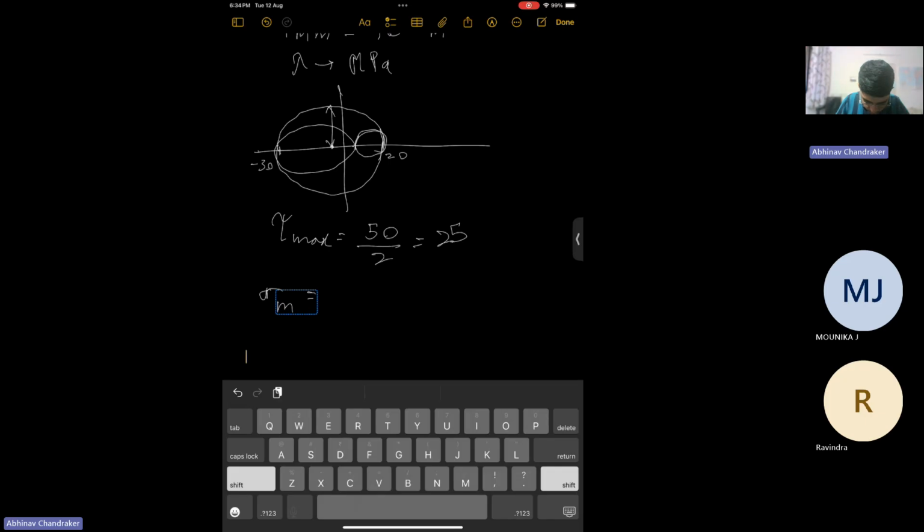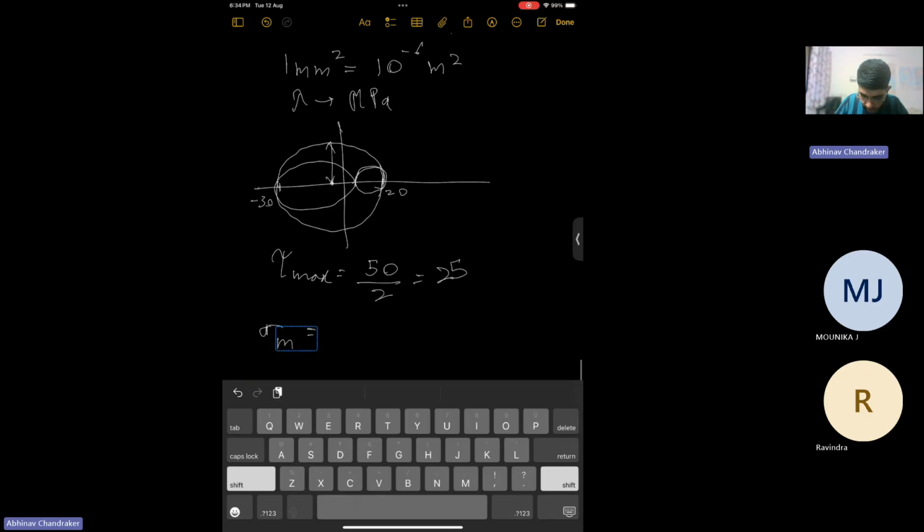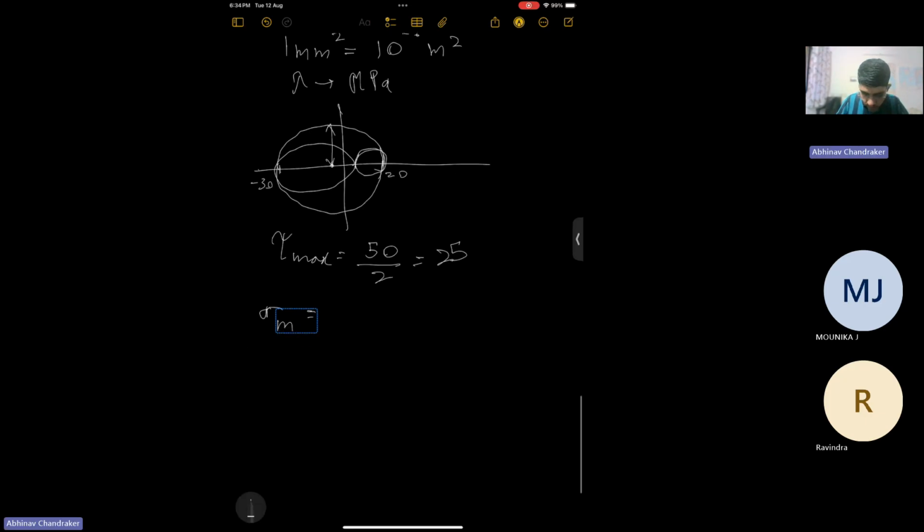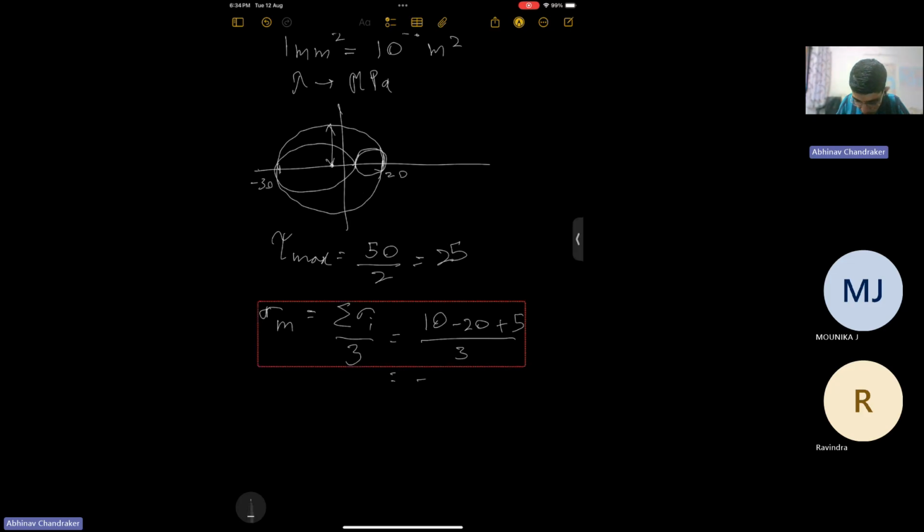sigma m, which is also called J1, the first invariant, is equal to sigma I by 3, which will be equal to 10 minus 20 plus pi by 3. So yeah, initially I was confused, but problem solving can help you recall these concepts.